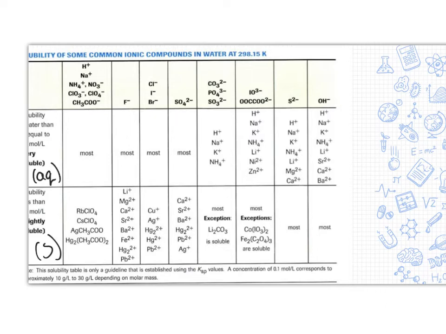It's slightly soluble because just a teeny tiny amount will dissolve, but not enough to be noticeable or to give any properties of that solution. So we can see here that I've written sodium is super soluble, ammonium is super soluble, NO3 is super soluble. You can add K plus to that table as well.